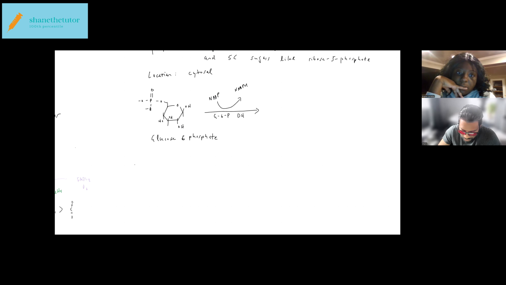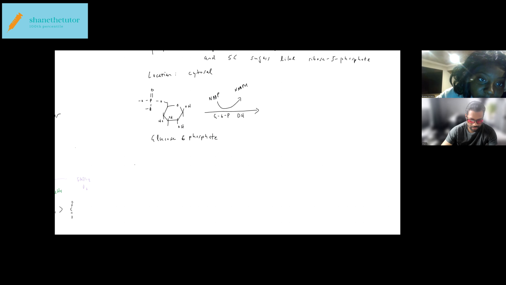Now, what can we oxidize here? What in glucose 6 phosphate can we oxidize? Based on the list, it could be a loss of a hydrogen somewhere.